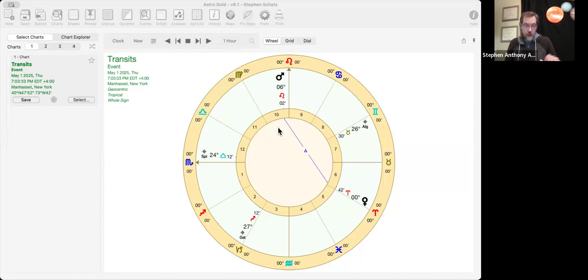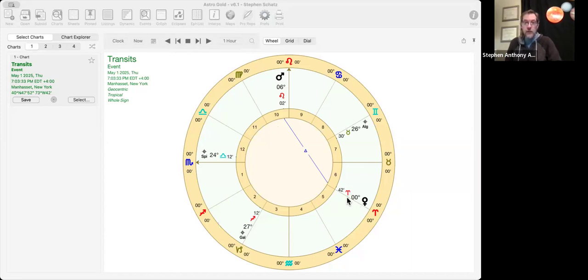And orbs, I will talk about orbs. According to William Lilly, Mercury, Venus, and Mars each have an orb of 7 degrees.